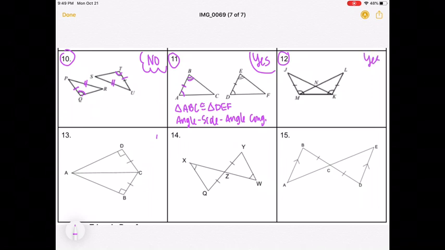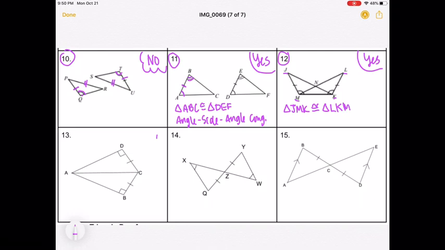All right, 12 also should have had yes. Your statement would be triangle JMK. This one was a little confusing looking because it sort of looks like there's 3 triangles, but they're just overlapping. And then triangle, remember I start with J here, so I should start with L. Then go to K to match up with M, and then out to M, sorry.